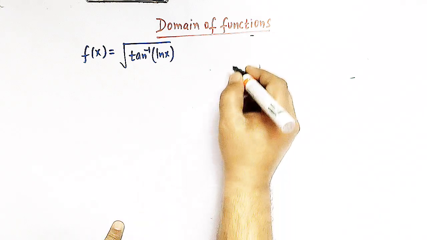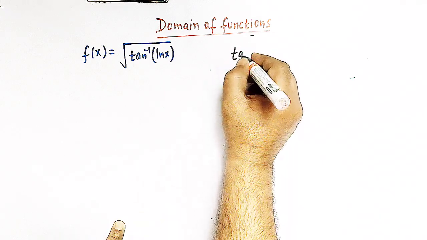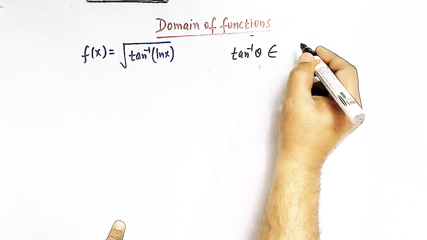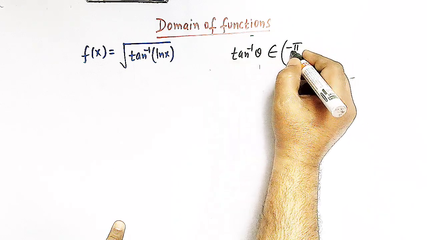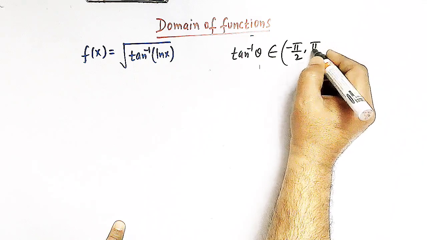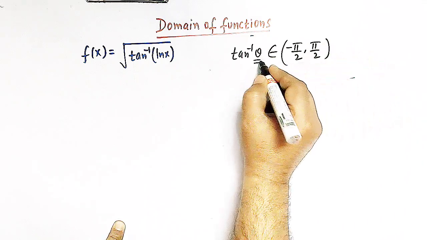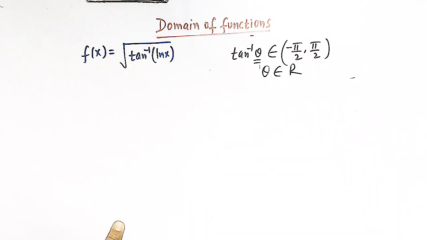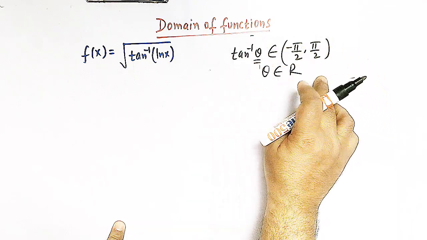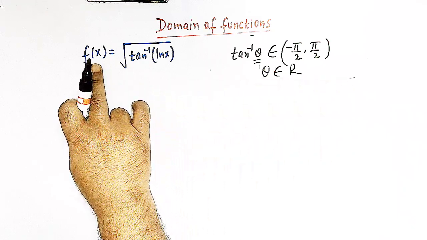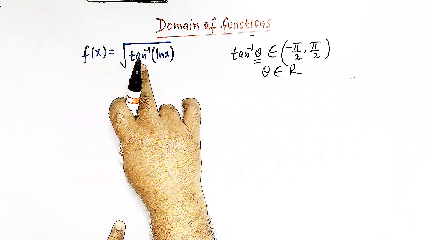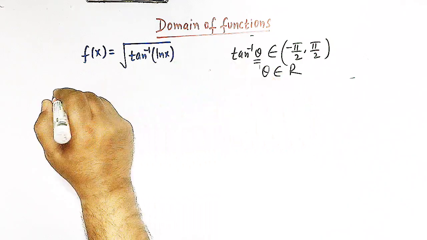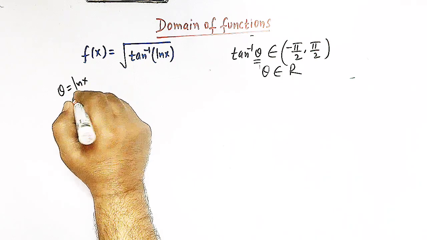From inverse trigonometric functions, we know that the range of tan inverse theta belongs to the open interval minus pi by 2 to pi by 2, where theta belongs to the set of real numbers. This is the concept behind finding the domain of this function, because here we have tan inverse of natural log of x, so we can take theta equal to natural log of x.